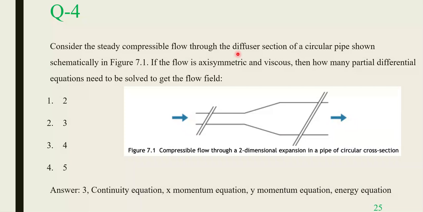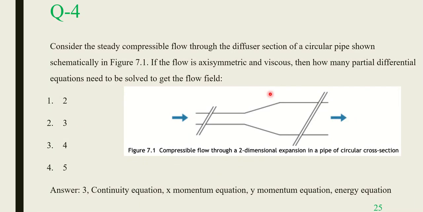If the flow is axisymmetric and viscous, then how many partial differential equations need to be solved to get the flow field? This is figure 1, where compressible flow through a two-dimensional expansion in a pipe of circular cross-section is shown.